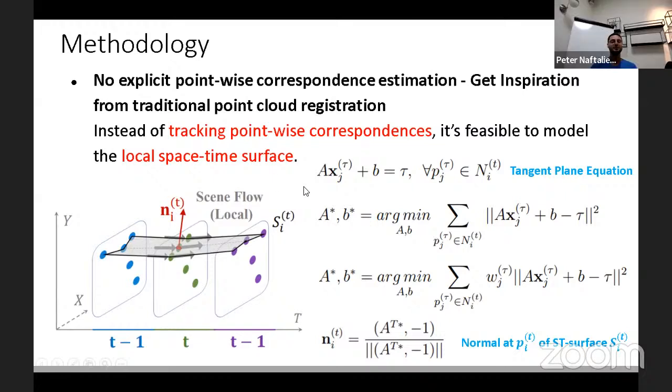So if I repeat, for everybody watching this, I means we select a specific point of the point cloud in the 3D space. That means X, Y, Z. And then N of I in time t means that in time t, we selected N points close to point I. The selection could be based on convolution or something else, doesn't matter. And we go over all these points together along with the time axis. They define a surface, and we search for the normal for that surface.